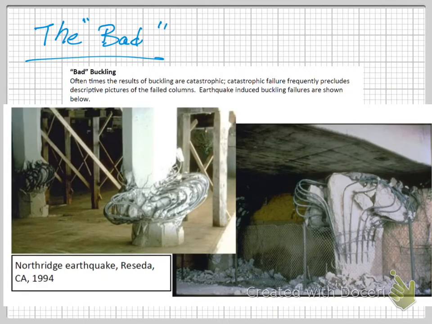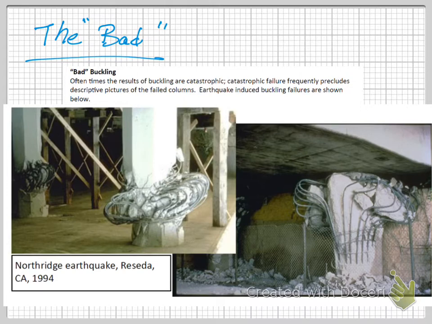For example, natural disasters like earthquakes can cause what's looking like here as bad buckling. These failures are usually catastrophic. This one happens to be from the Northridge earthquake in California back in '94.